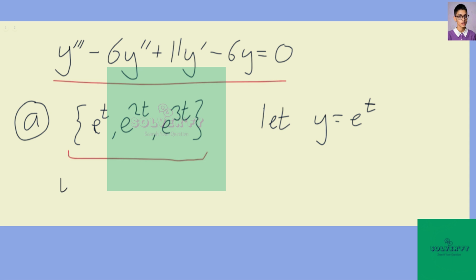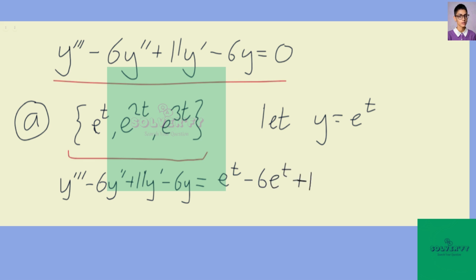differentiates to itself. So then y''' minus 6y'' plus 11y' minus 6y is going to be e to the t minus 6 e to the t plus 11 e to the t minus 6 e to the t.